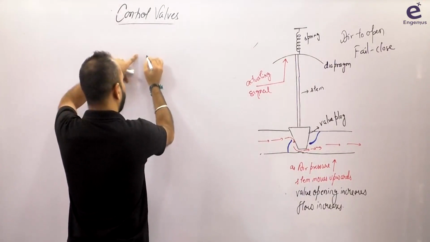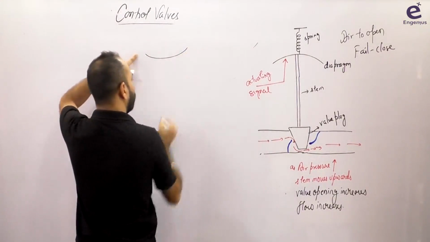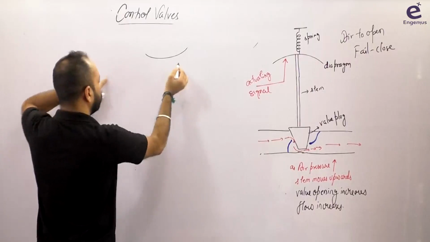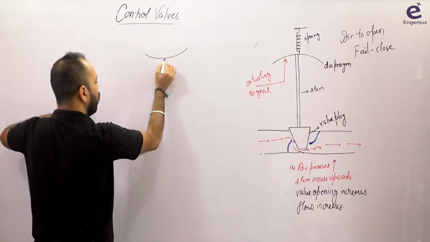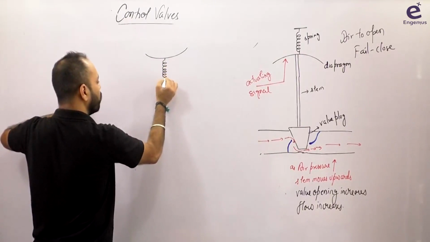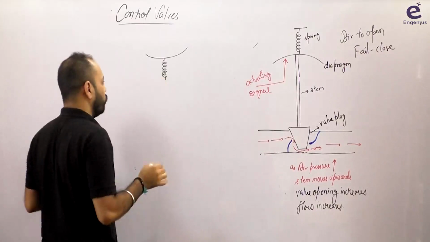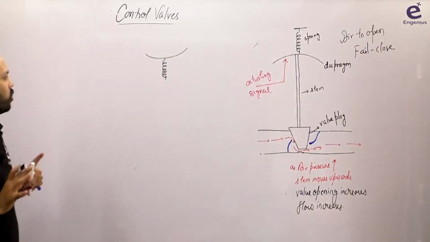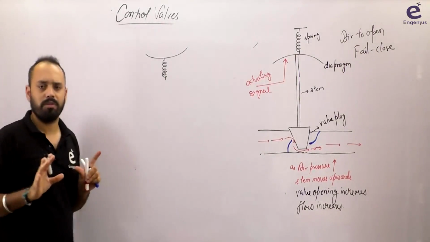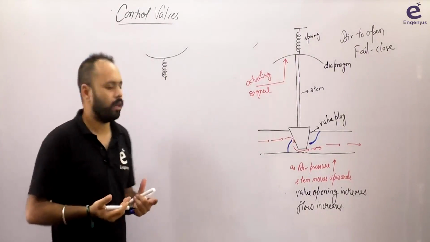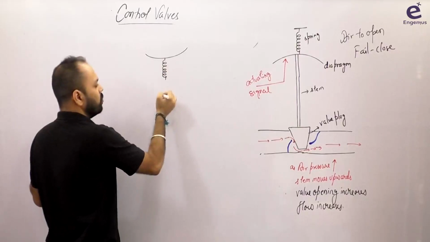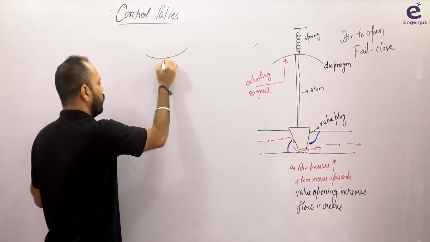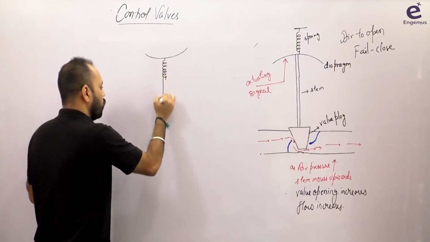we have this valve, right? And here I have the spring at this bottom position. Don't worry about the construction. Don't ask me, sir, how you can attach a spring to a valve. If you want to look at the construction, go through some YouTube channels or the internet. आपको मिल जाएगा. That is not required. Okay, this is the spring, and somehow this stem is also attached to the spring only. Right.